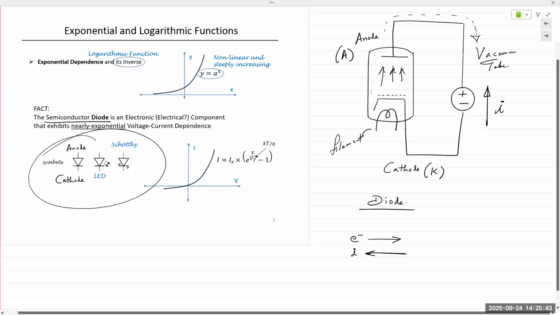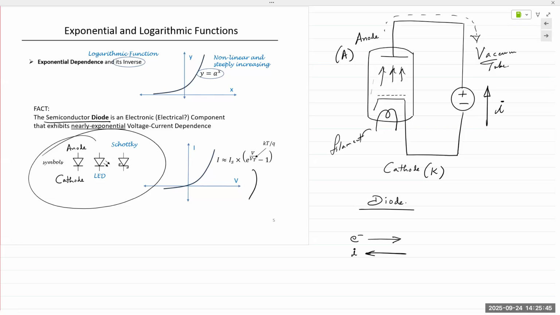This is known as the diode equation. It describes the relationship between the current and voltage of a diode. It's an approximation, and it's a fairly accurate approximation under most environmental conditions.